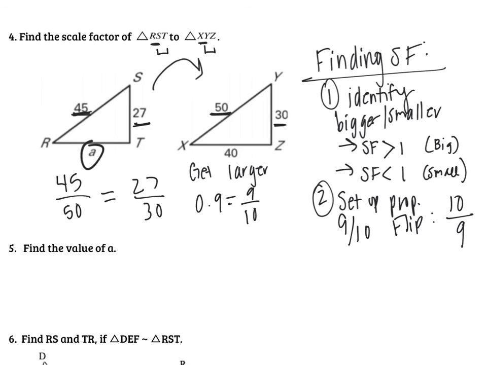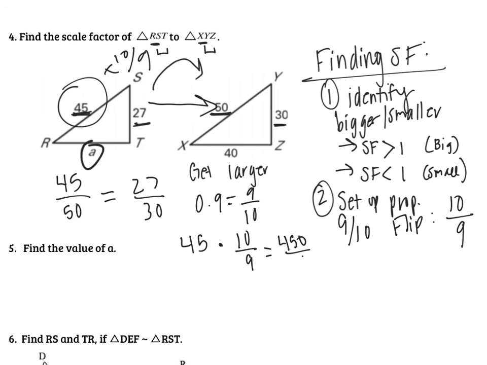That means that each side, when I multiply it by 10 over 9, I'm going to get the side that's over here. So just experiment with me. If I take 45 and I multiply it by 10 over 9, I'm going to get 450 over 9.